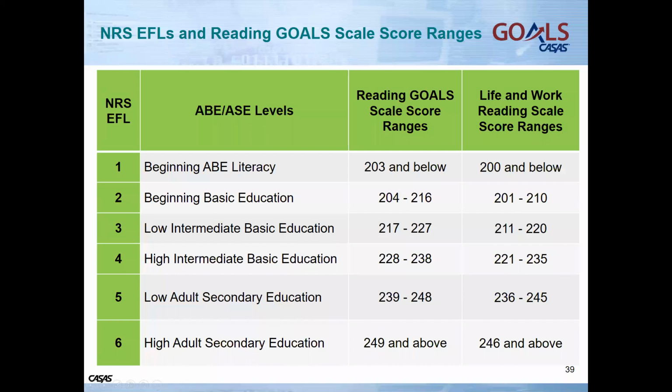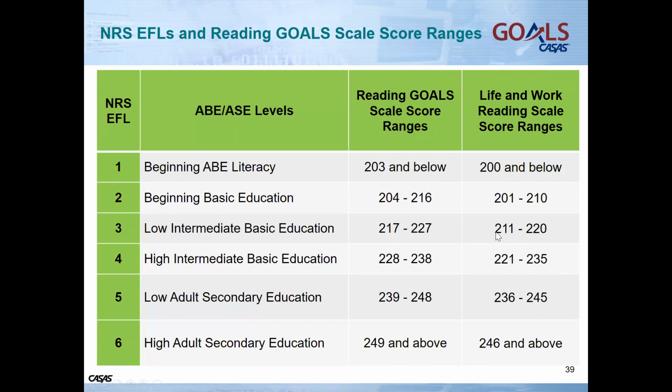And so this is where we see quite a big difference: in order to get into low intermediate basic ed, it now requires a 217. It's the same CASAS scale, but it's a 217 as compared to a 211, which is quite significant. So again, it's an 11-point range, about the same, but much higher entry and exit points for low intermediate.